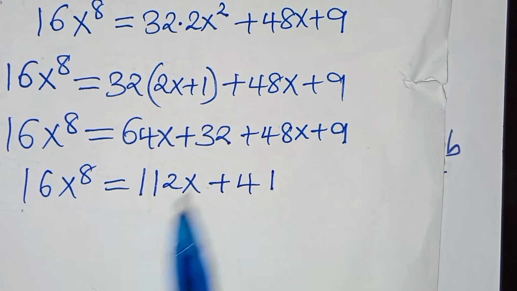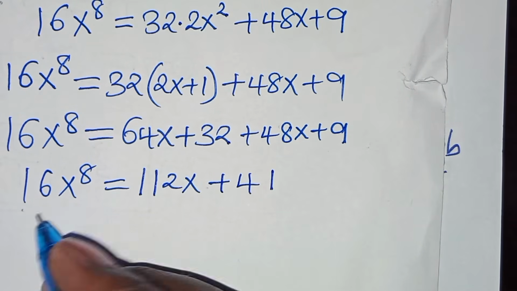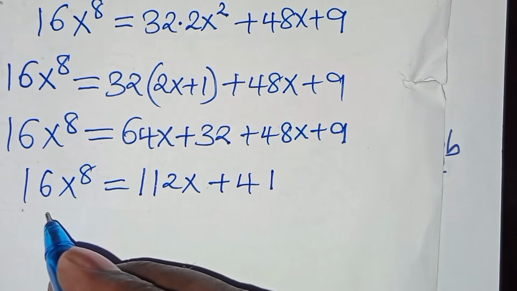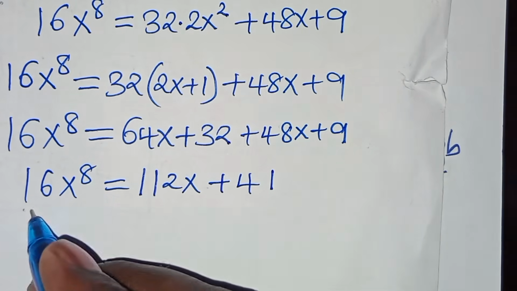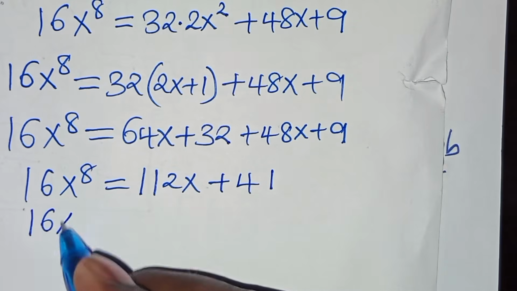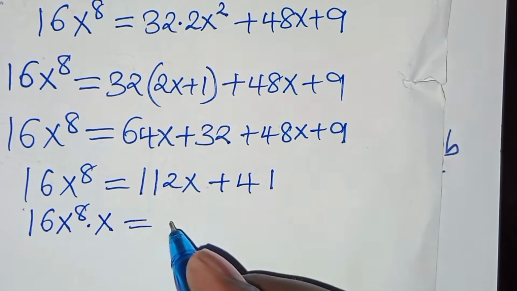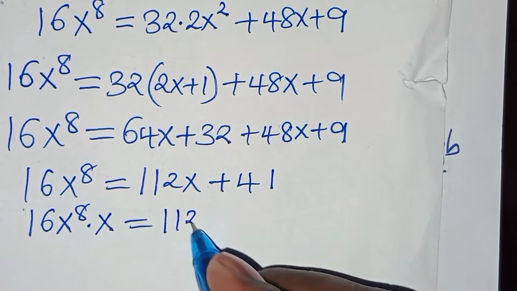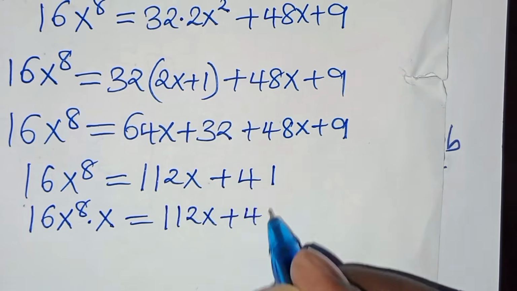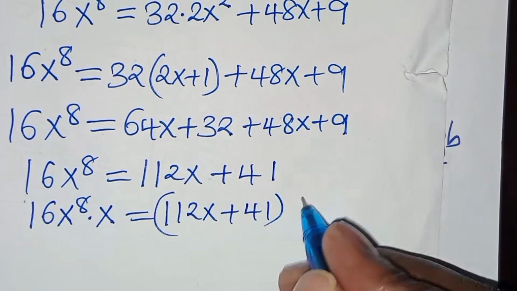The next step here, we need to get x to the power 9. We are solving for x to the power 9. So here we'll have 16x to the power 8 times x, which is equal to 112x plus 41 multiplying by x.